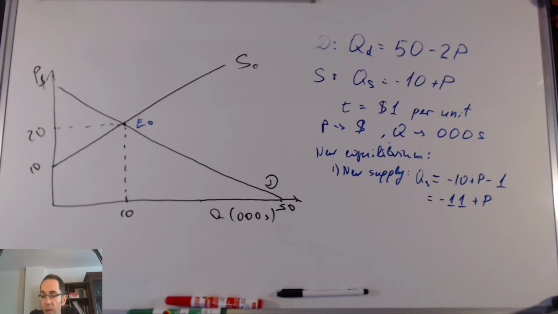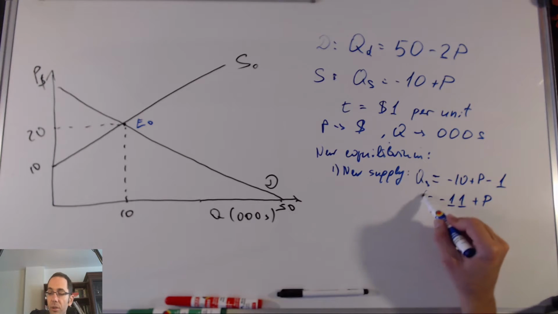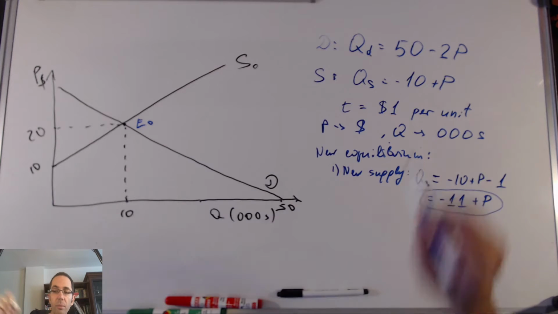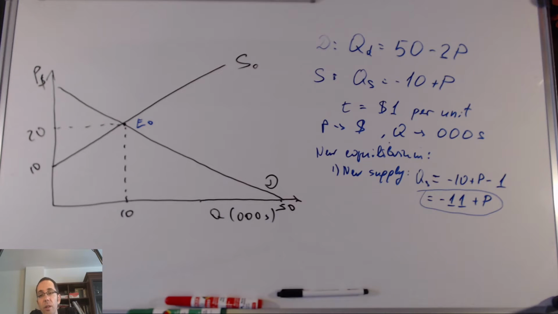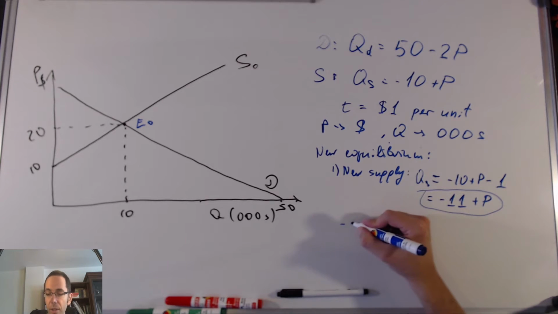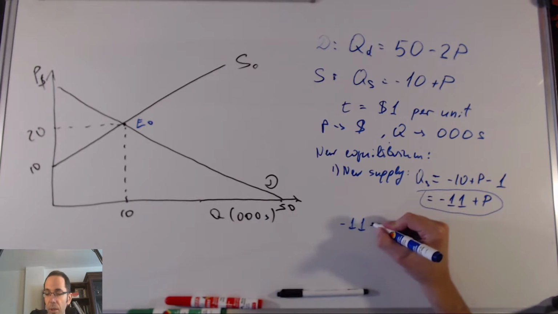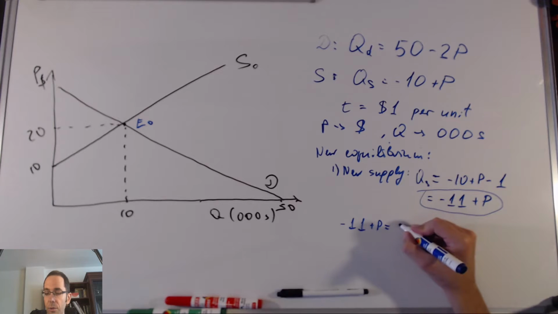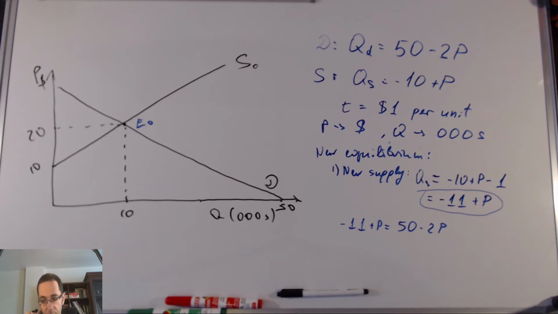Now to find the new equilibrium point, we simply use this new supply with the old demand, and that will give us the equilibrium point. So minus 11 plus P is equal to 50 minus 2P.